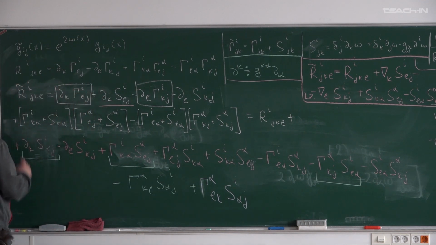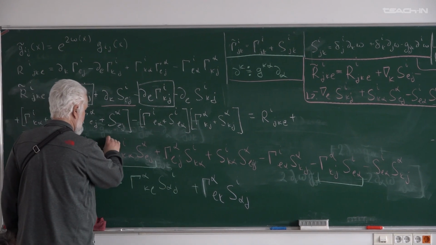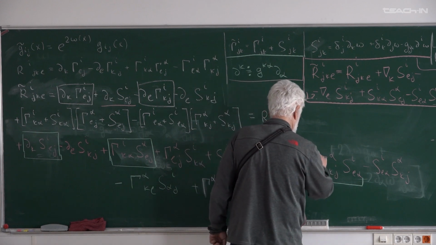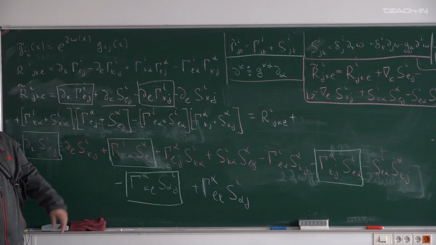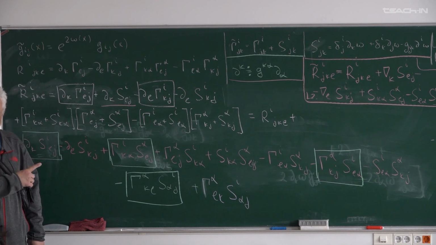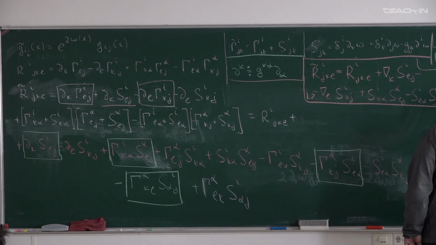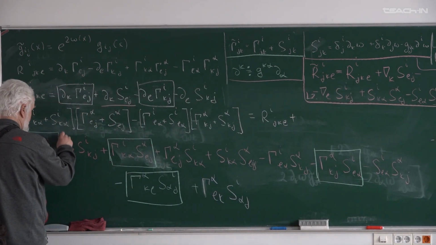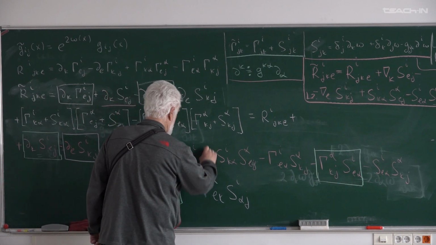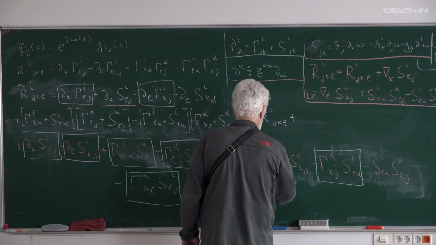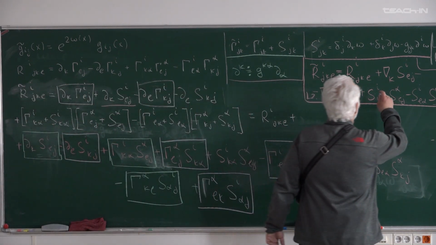Therefore, if you combine this plus this minus this and minus this, these four terms provide us the covariant derivative of S. And again, if you combine this, this and this, you obtain this term.